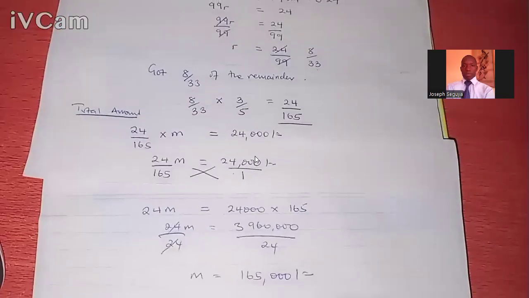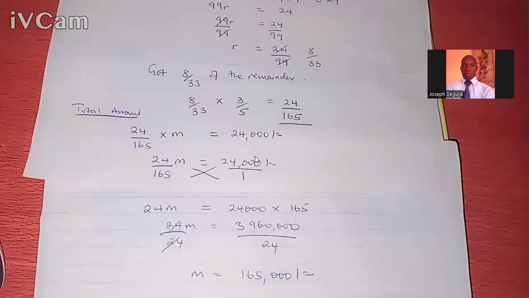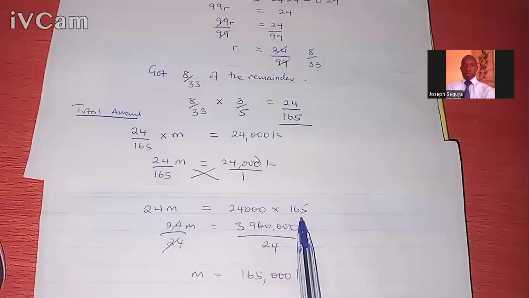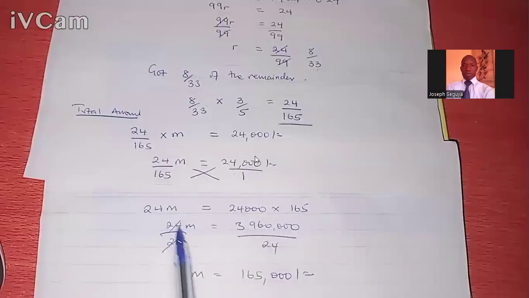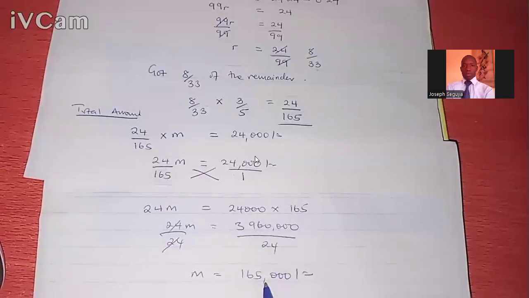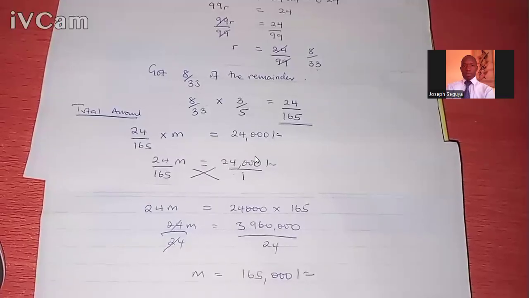After cross multiplying, we got our answer there. When you cross multiply, you have 24m equals to 24,000 times 165. And then afterwards, we divide both sides by 24. And we shall have our m as 165,000. So that's the total amount of money, and that's where we had stopped.